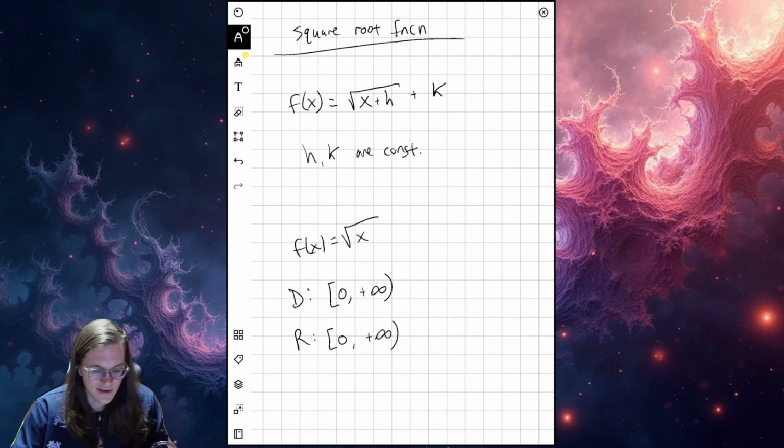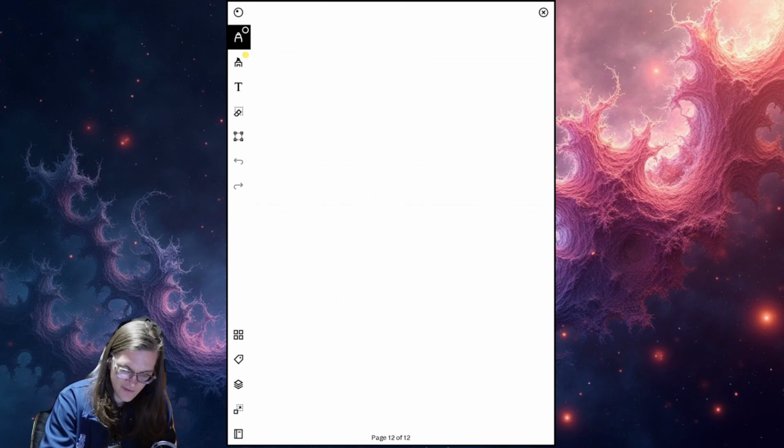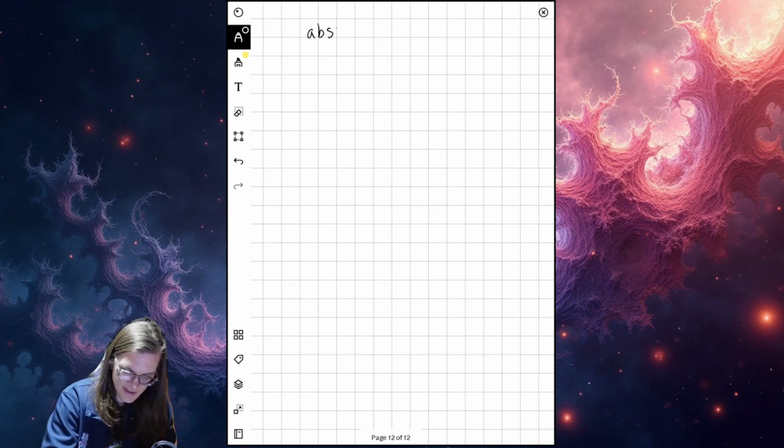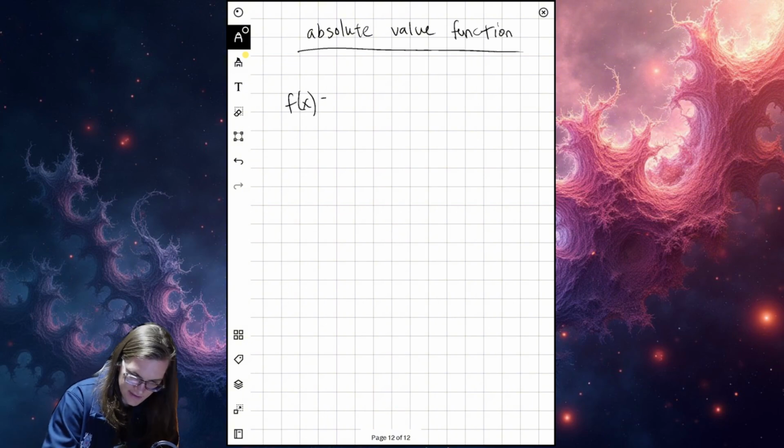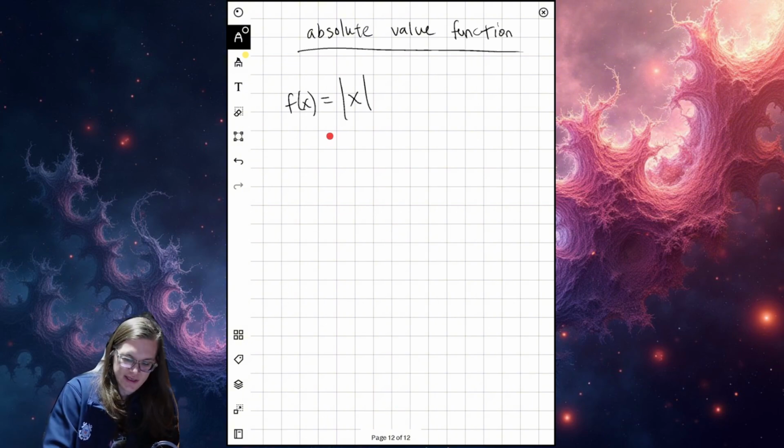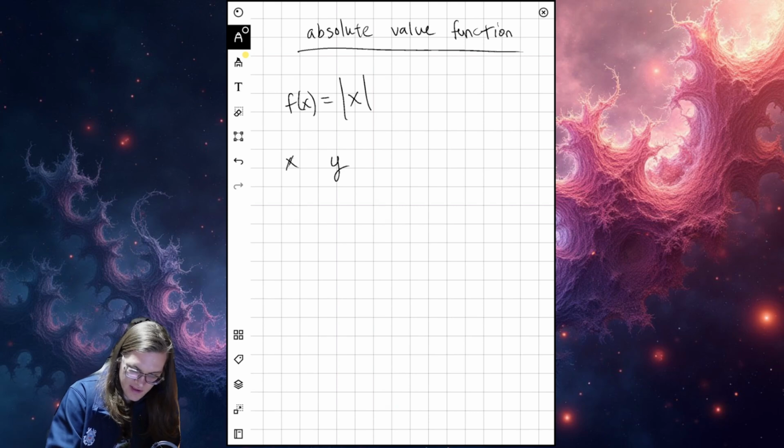Okay, and the last common function that you may see, absolute value function. This says that when you put an x in, the y that you get out is going to be the positive version of that negative number, also known as the magnitude.